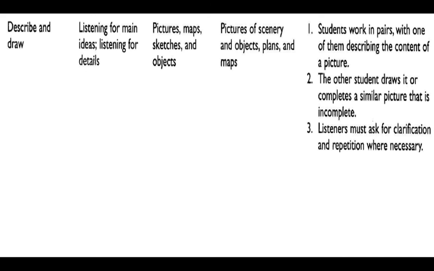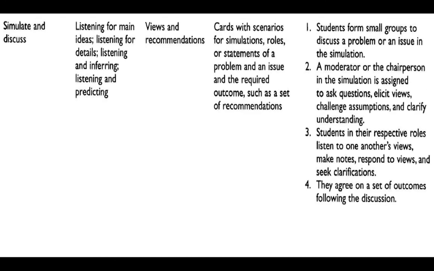And then number 3, the listener must ask for clarification and repetition when necessary. It's like they have this text and they need to draw what they are hearing. You understand? Or you can give them a partially drawn picture and then they need to complete it by listening to what the reader is saying. That's just fun things that we can include in our lessons.